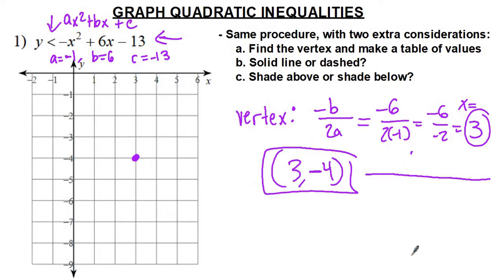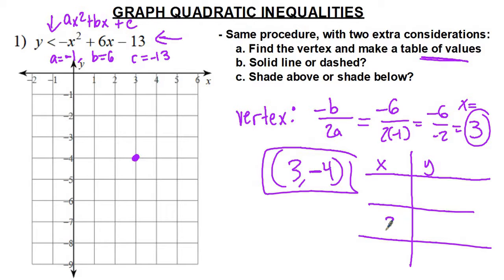So let's do that. The next thing we need to do is make a table of values, and we really only need 3 good points to get a parabola, and we have one of them already: 3, negative 4. So let's pick one number less than 3 and one number more than 3, going the same up and down 1 each time so that we're consistent. Remember that if we find what x equals 2 gives, then we automatically know x equals 4, because parabolas are symmetrical.